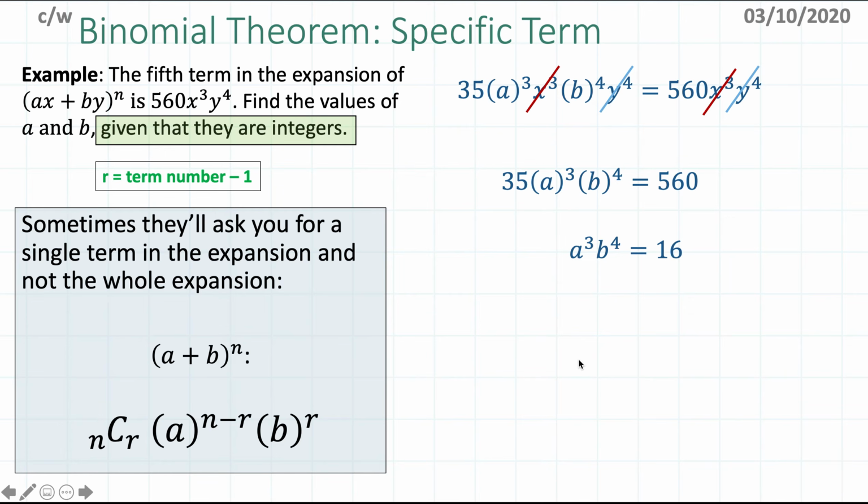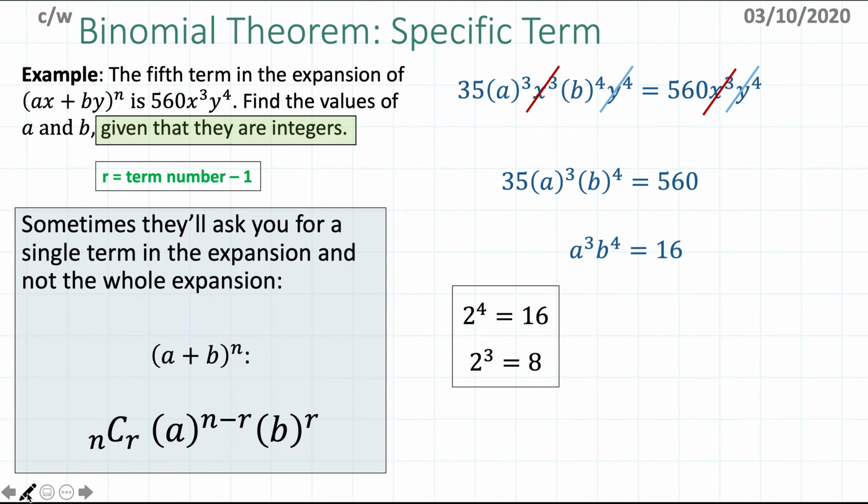You can do a bit of trial and error. Let's just test out a few numbers. One thing that I like to do is memorize powers of smaller numbers, like 2 and 3. Maybe a bit of 4, mainly 2 and 3. So if you notice, 2 to the power of 4 is 16.